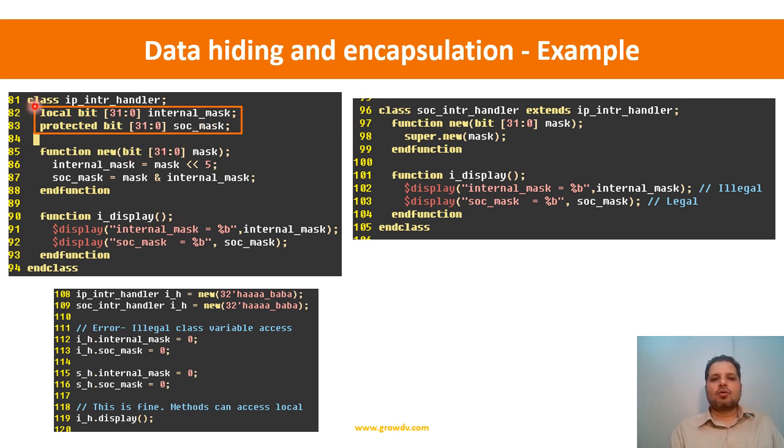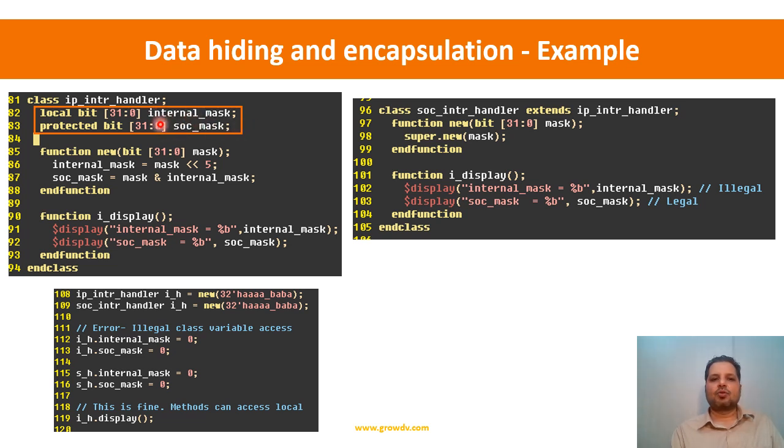Okay, so now here I have a class, let's say IP. It's an IP level interrupt handler, and it's simply implementing some mask, and that's qualified through this local qualifier. So you say local, data type, and the variable name, so it has to be prefixed before your data type, and then I'm saying protected, again the data type and the name of the variable.